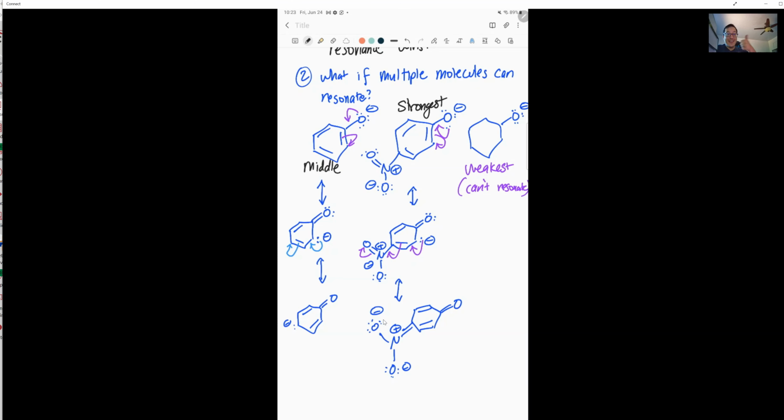So first question, can it resonate? If it can, it's better than something that can't. Again, assuming same atom identity. After that, we're comparing resonance.